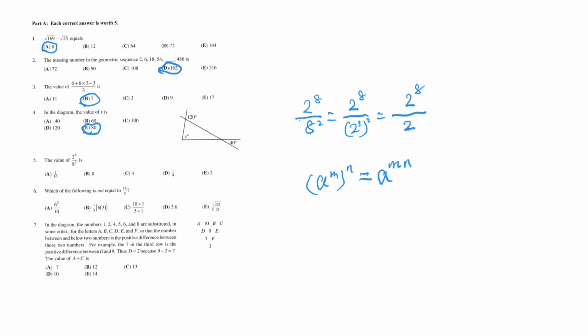So the denominator is 2 to the 6, 2 times 3. Now we use the exponent law: a to the power m over a to the n equals a to the m minus n. So this is 2 raised to the 8 minus 6. That's 2 squared, that's 4. So the answer of number 5 is C.